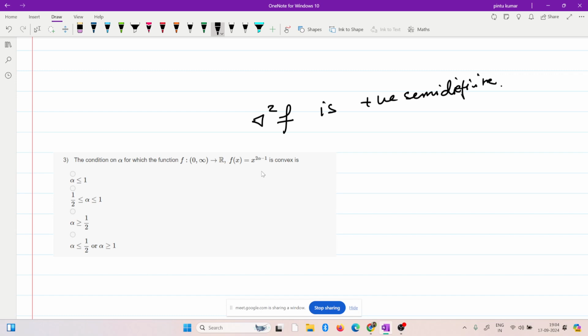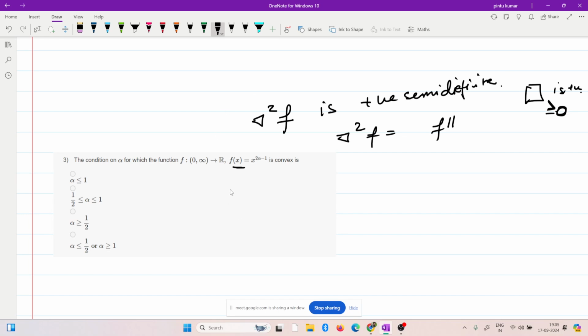And this is a function of just one variable, so the Hessian is nothing but f double dash, the second derivative of this function. You just need to check the second derivative that you get, that is a single value. It is positive semi-definite, so what is meant by that? That this value that you will get should be greater than or equal to 0.